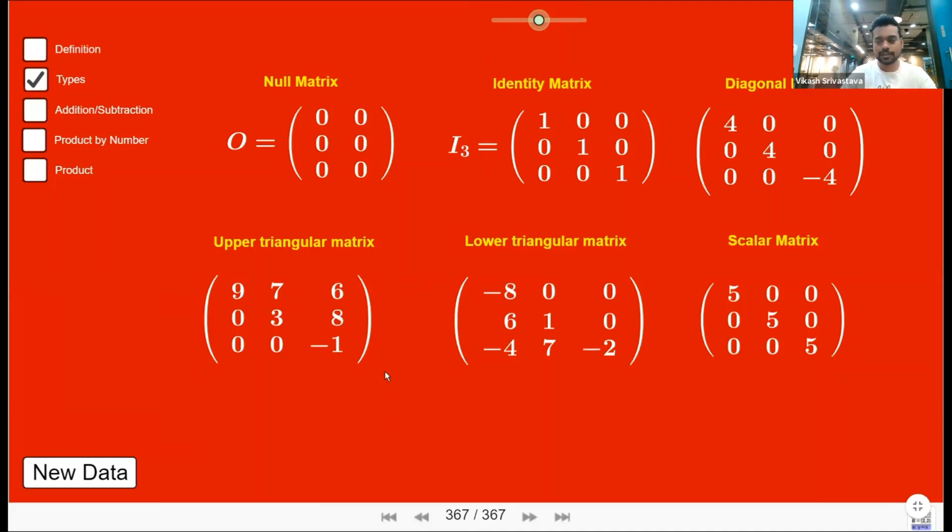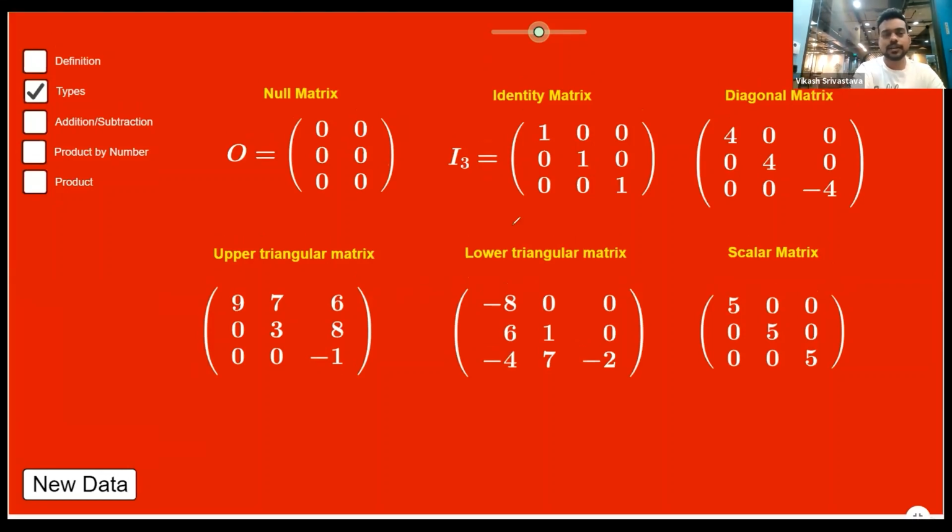I'll just give you the idea. Let's consider a matrix A of order m cross n.